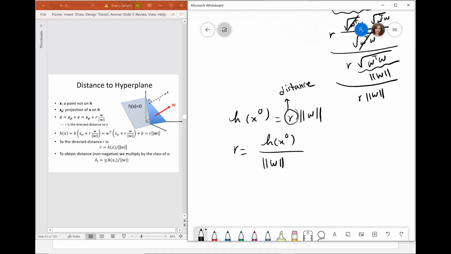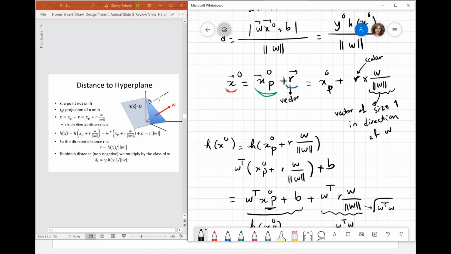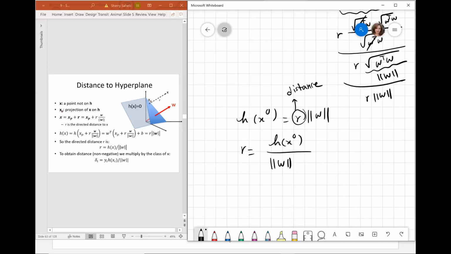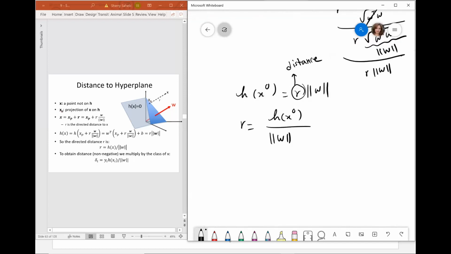If x0 is below this line, R would have been a negative value. So if we want the non-negative, actual distance, then we can multiply this by the class of x0. All right.